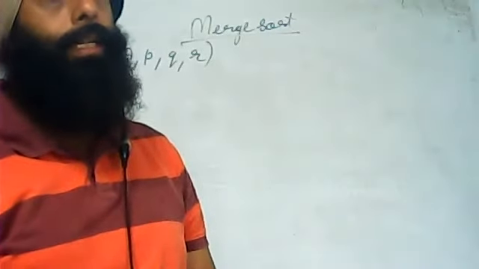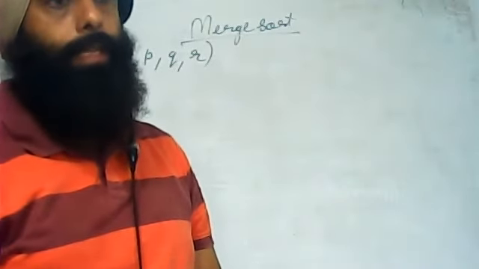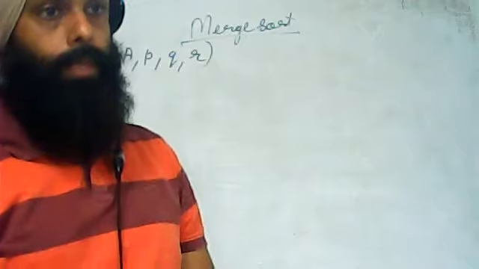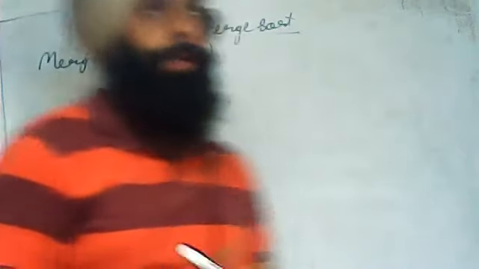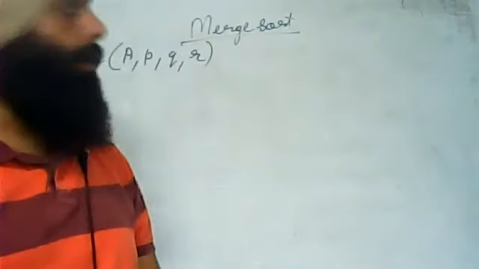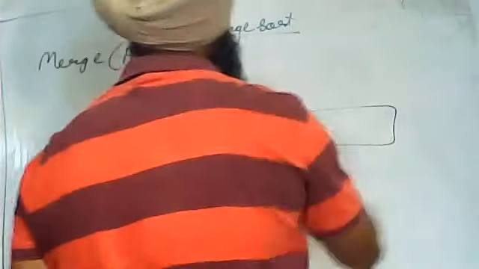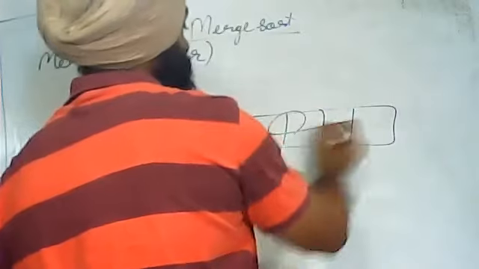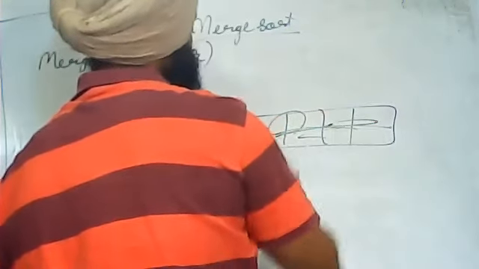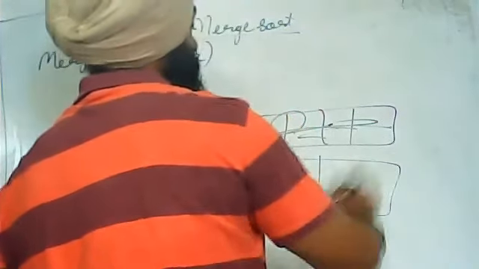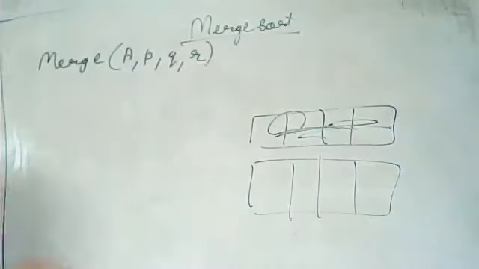I forgot to tell you one thing: in insertion sort we do not need any array other than the input array. That is called an in-place algorithm. We are replacing the elements in the array itself, as we saw in insertion sort. We do not need any auxiliary array other than the one taken for input.